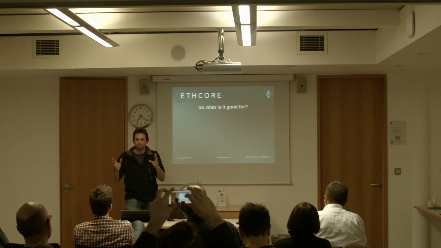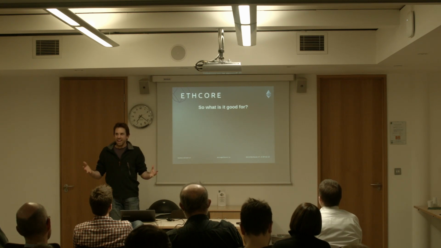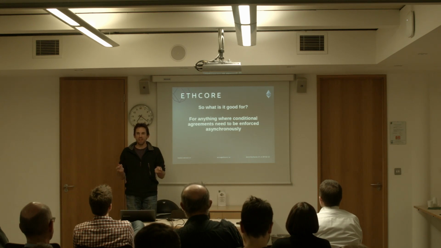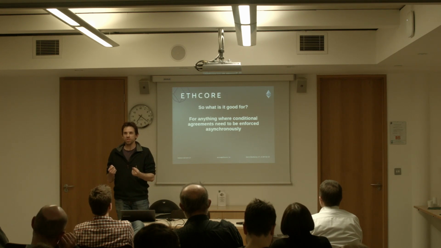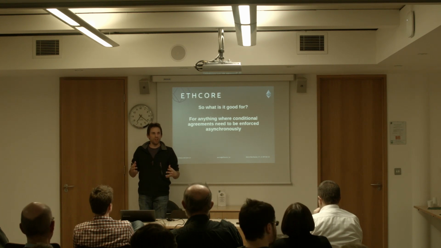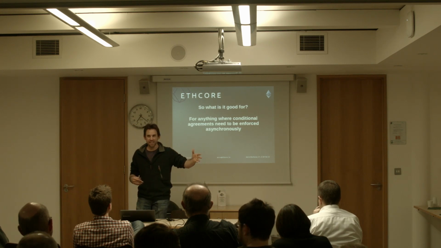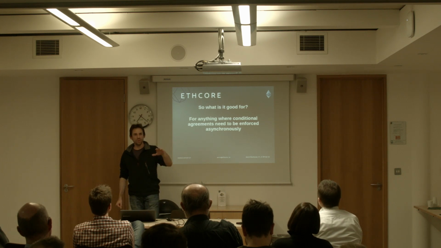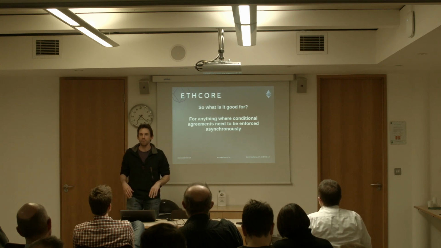So, okay. So why would you want this world computer that everyone can access at all? Okay, so it's good for anything where conditional agreements need to be enforced. Now, the enforcement of agreements happens all the time. As we get a taxi to go to the station, we buy something in a shop, we go to eBay and purchase a new bicycle, whatever.